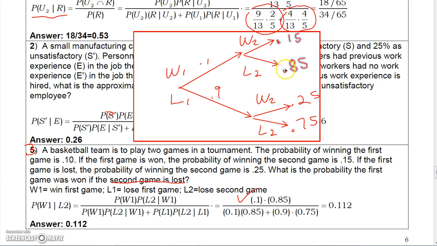So win 1, lose 2, 0.1 times 0.85 goes here, and then lose 1, lose 2, so that's 0.9 times 0.75 goes here. We add those two together, and then we divide it into the numerator, and we get 0.112. So the probability that they won game 1, given that they lost game 2, is about 11%, 0.112.